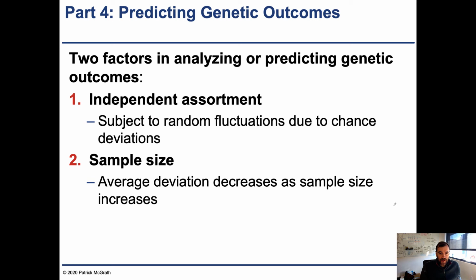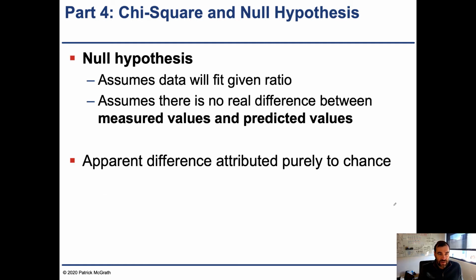So how do we do that? This is where the chi-square test comes from. Is the data that we observe actually following that ratio? The chi-square test allows us to answer that. The initial assumption is called the null hypothesis.